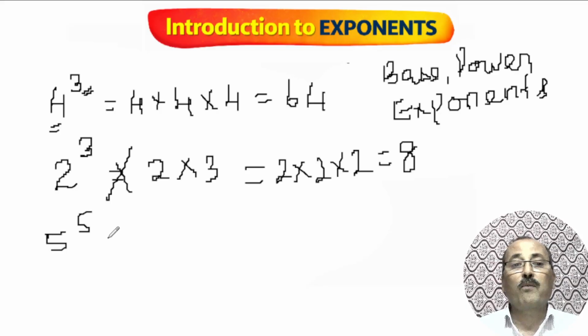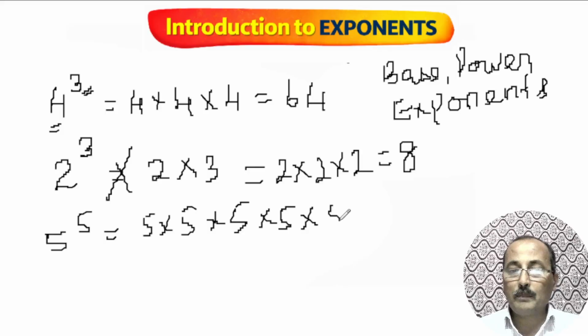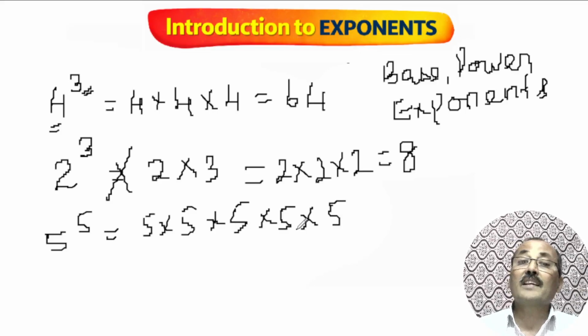Next, one more example: 5 to the power of 5. It is 5 into 5 into 5 into 5 into 5. Do you feel it is very easy to calculate? Try. 5 5s are 25. 25 into 5 is 125. 125 into 5 is 625. 625 into 5, that is left to you.